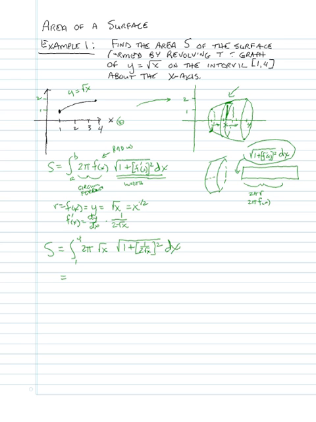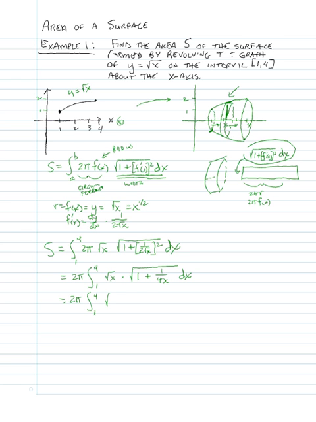Let's see where that puts us. Let's factor out the 2 pi so we don't have to worry about that. We'll have 2 pi times the integral from 1 to 4 of the square root of x times the square root of 1 plus 1 over 4x. Now, we've got 2 square roots, so we can multiply those square roots together by multiplying together the radicands.